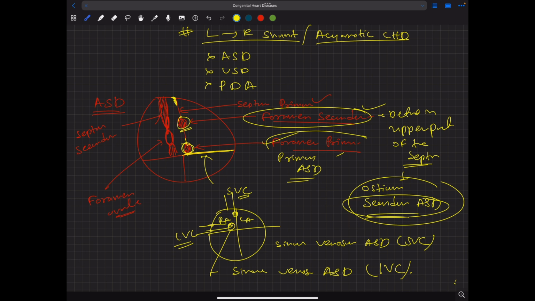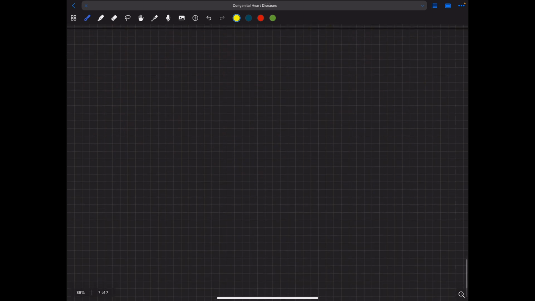Another defect is coronary sinus ASD. It is a defect in the intra-atrial septum near the coronary sinus. It is called coronary sinus ASD. So we now have four types of atrial septal defect. Atrial septal defect is classified into four types.